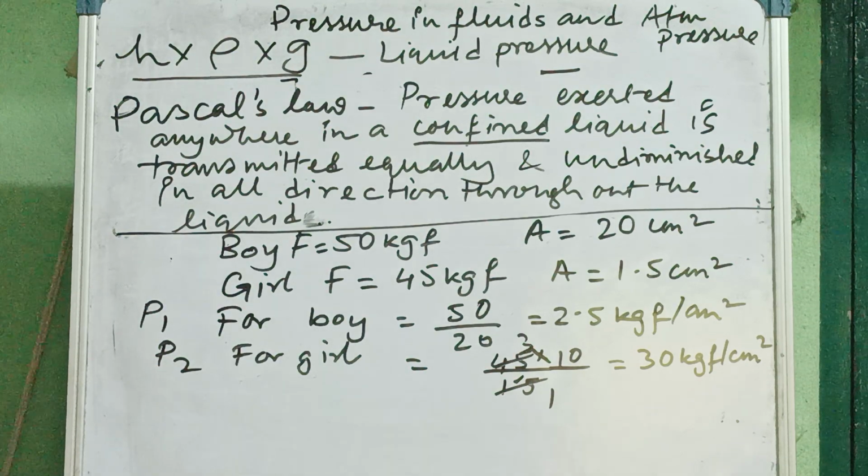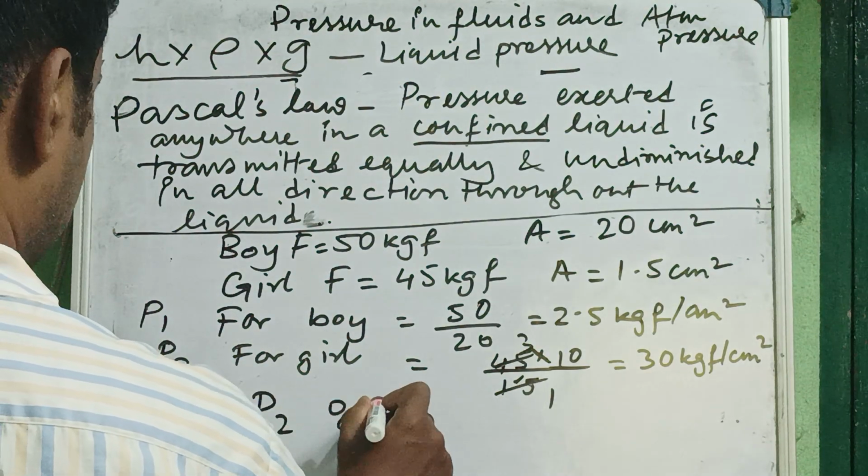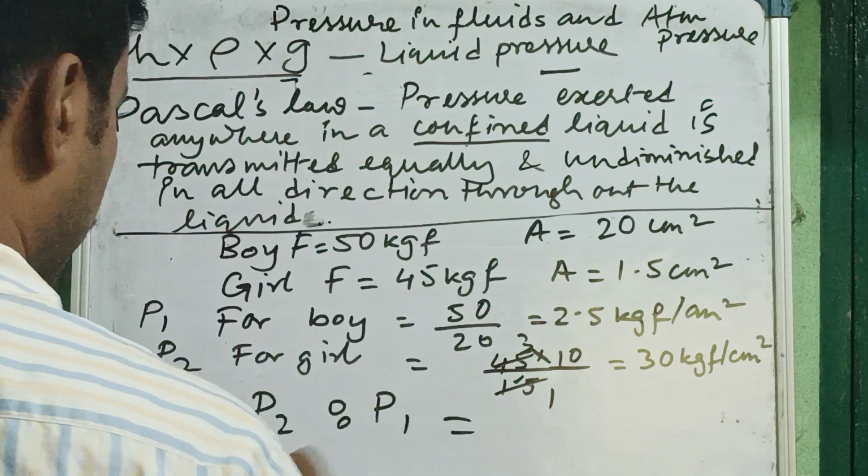If we compare those pressures for the boy and girl, the girl exerted P2 and the boy exerted P1. Compare means ratio.